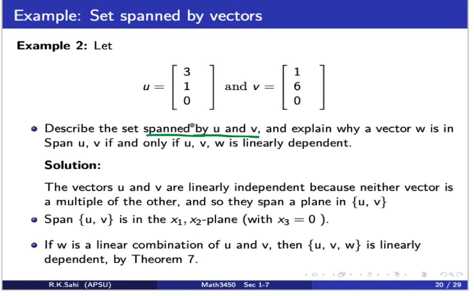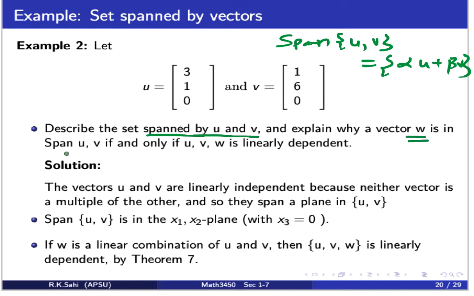When you see the word span, that means you're looking at all possible linear combinations of u and v, alpha u plus beta v. So describe the set which is spanned by u and v, and explain why a vector w is in the span of u and v if and only if u, v, w are linearly dependent. Okay.